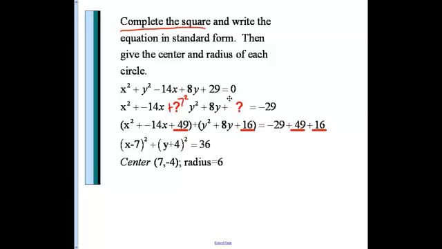You take half of this value and square it, so this will be plus 4 squared there. That's going to be 49 and 16, and you do it on one side, you have to do it on the other side. So we add it to both sides, and then we factor this expression and that expression, and we can take the square root of 36, so we can find our center and our radius there.